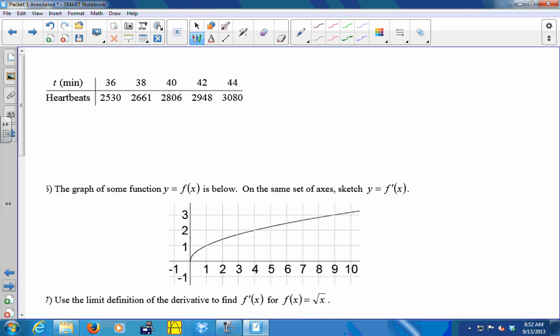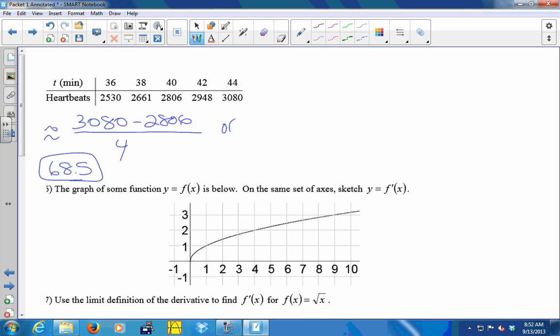So I could estimate the slope of the tangent line to be approximately, for the interval around 42, 3080 minus 2806 over 4. Anybody do that calculation? 68.5. Okay.